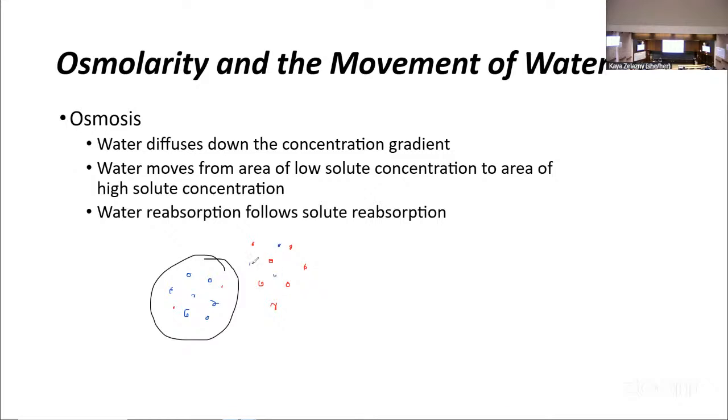So when we see water moving down its gradient, if you back solve and figure out how much water there was in that area, you can get this direction. But you can also sometimes skip that extra step and just look at that high concentration of solutes.